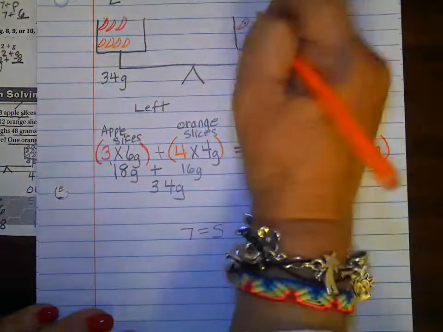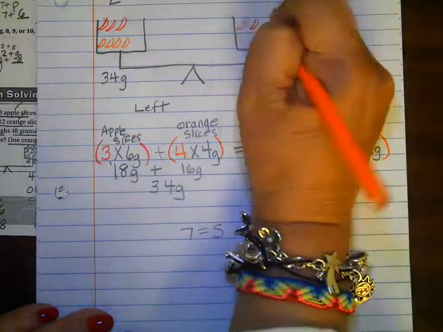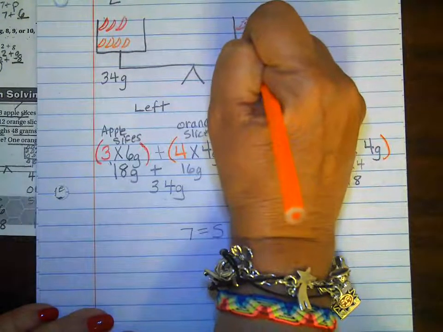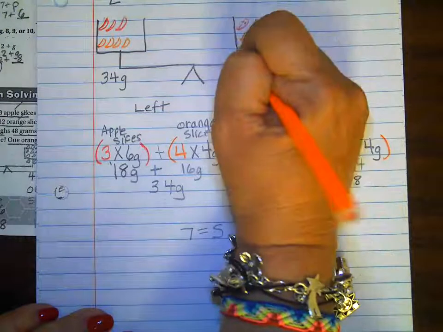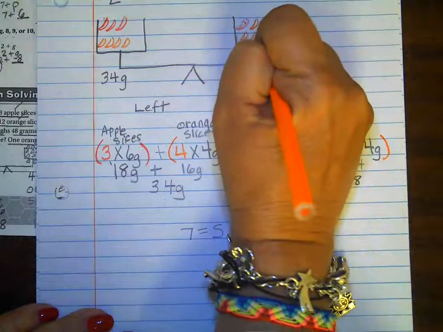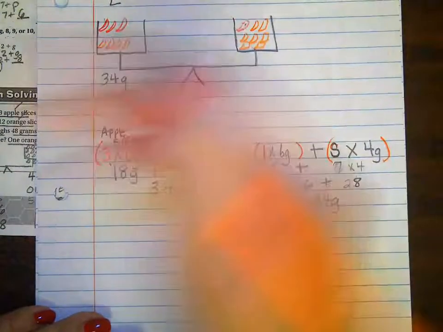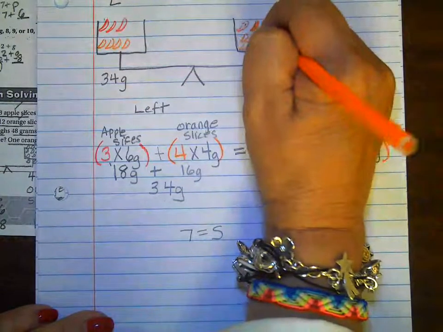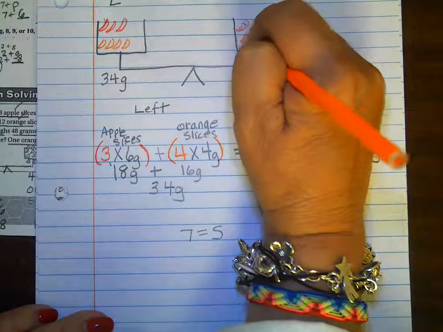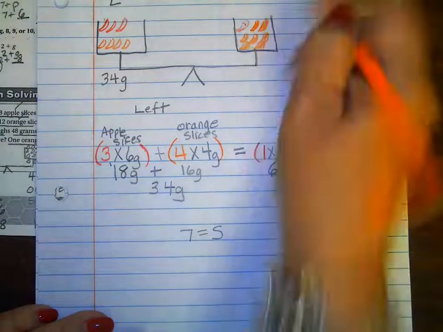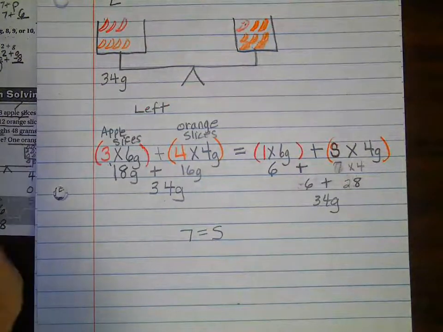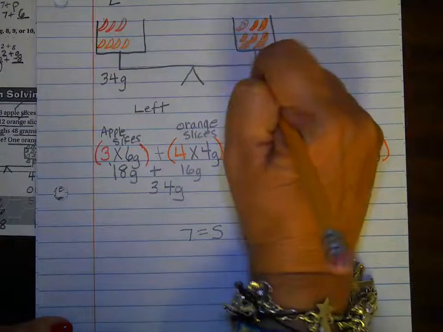So I'll end up adding in 1, 2, 3, 4, 5, 6, 7 oranges. So because the oranges is 1, 2, 3, 4, 5, 6, 7. That'll be 7 slices. And those 7 slices are going to give me 34 grams.